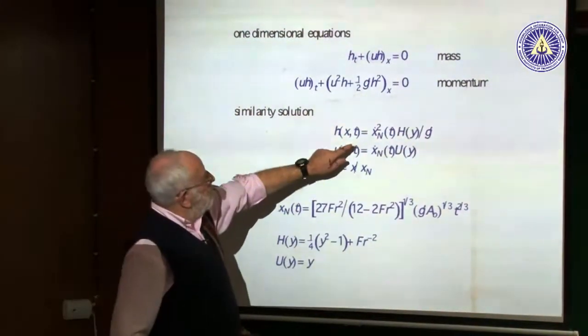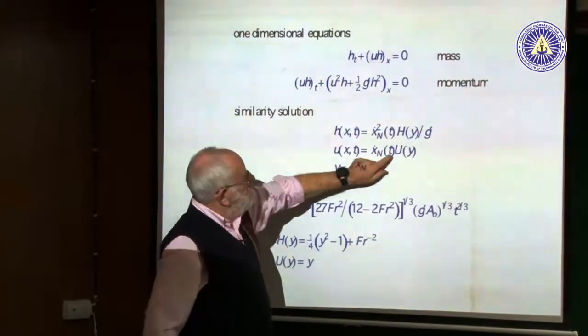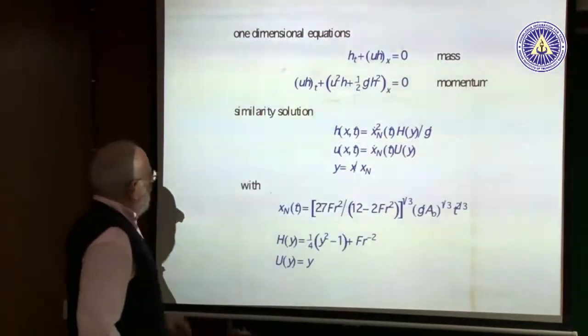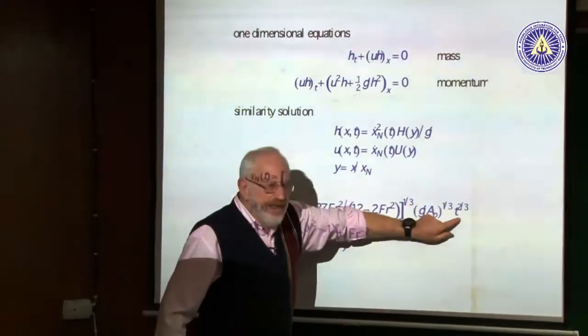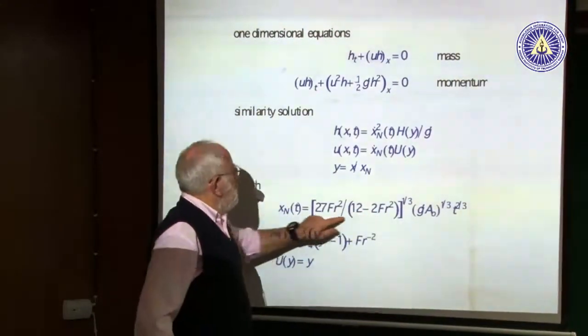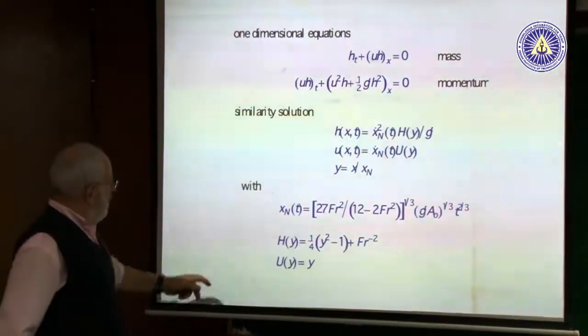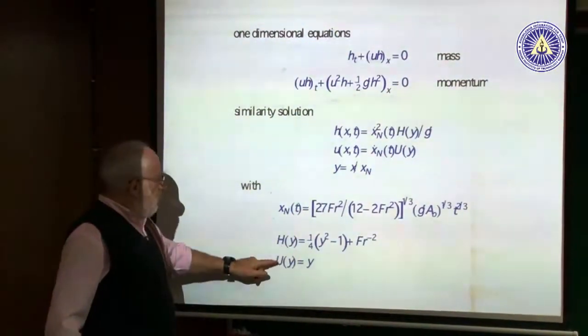You're allowing variations in terms of this capital H of y and the velocity in terms of this u of y, and you get this. There's no room for maneuver. This is slightly different. And this is slightly different. There's no doubt the h has a variation with y.